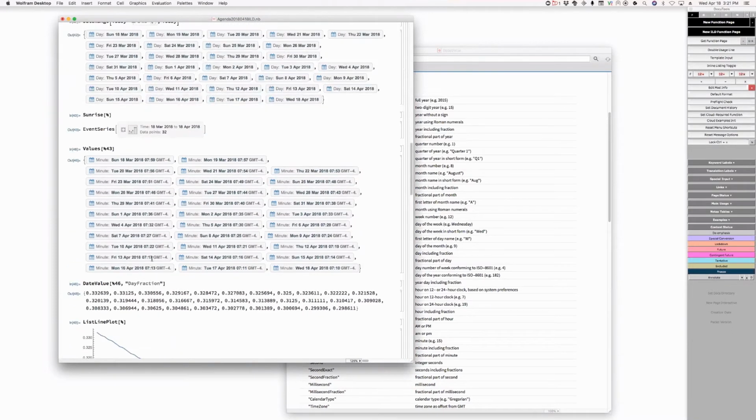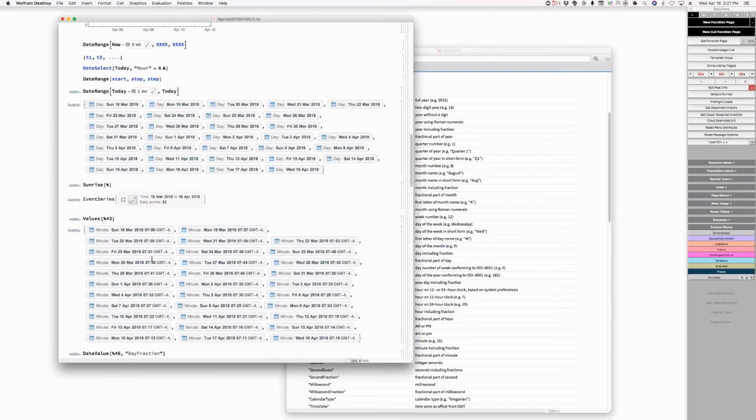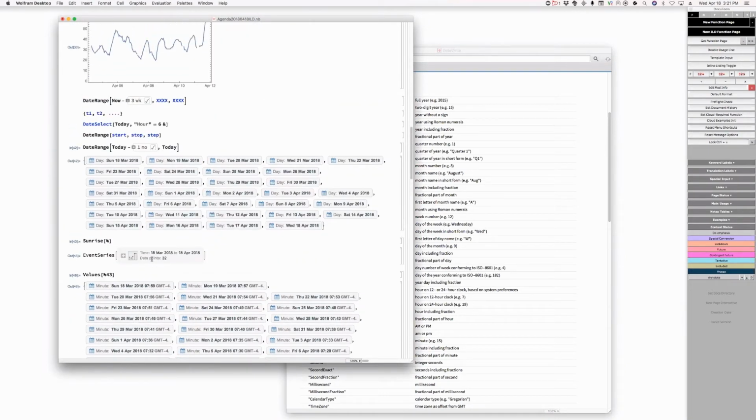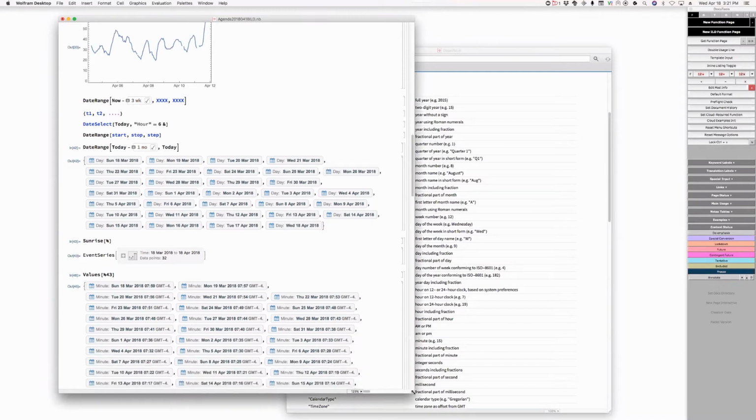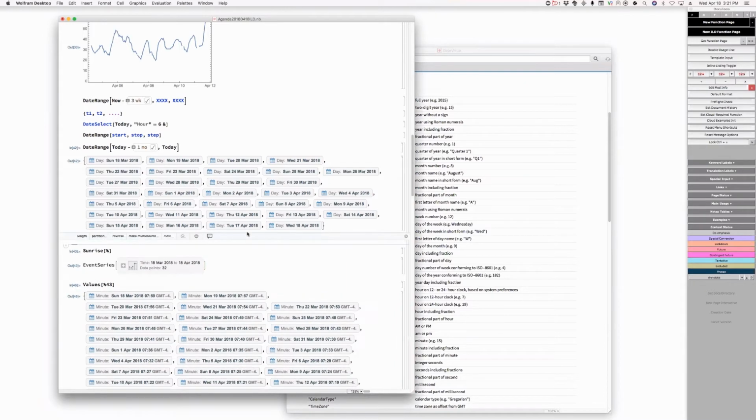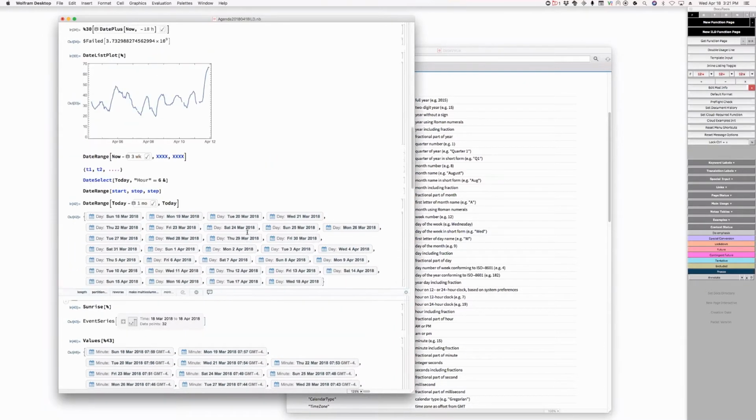But so the question now is, again, let's go back to my time series, okay? If I want to extract the thing, let's return to what we were saying before.